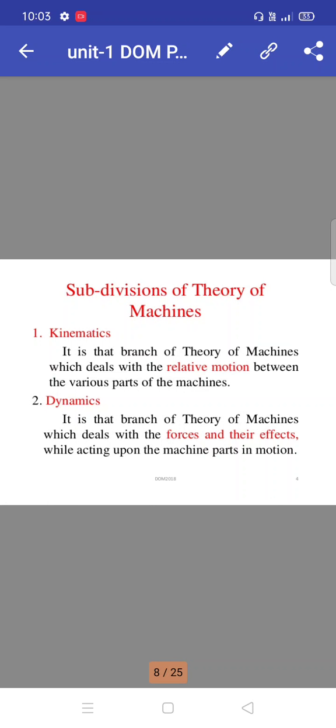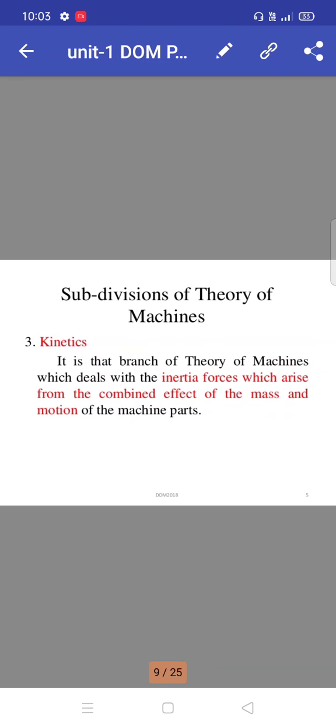Kinematics, as we discussed earlier, deals with the relative motion between the various parts of the machines. Then dynamics is the branch of theory of machines which deals with forces and their effects while acting upon the machine parts in motion. Then kinetics is the branch which deals with inertia force which arises from the combined effect of the mass and motion of the machine parts.